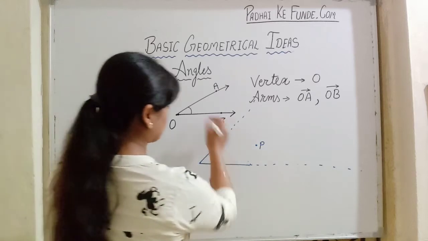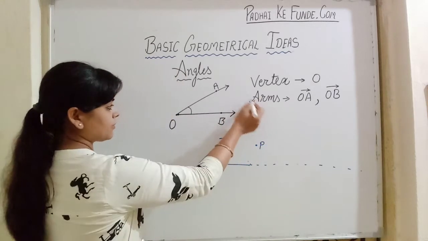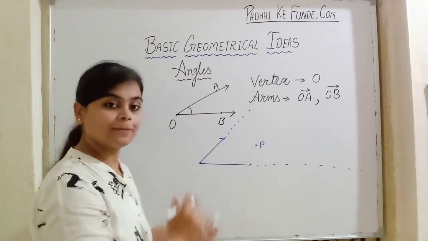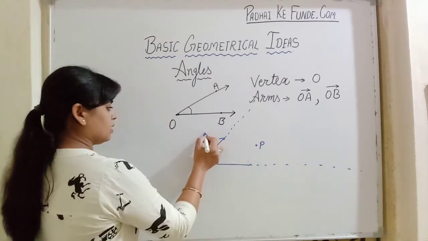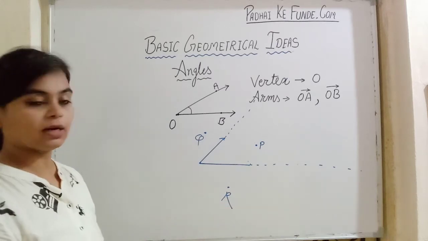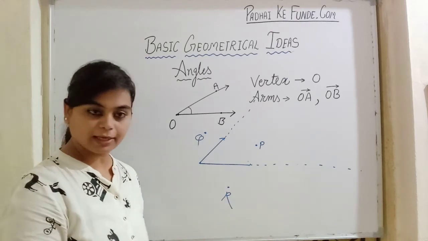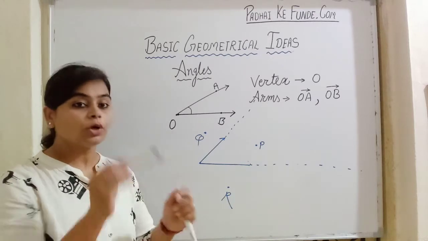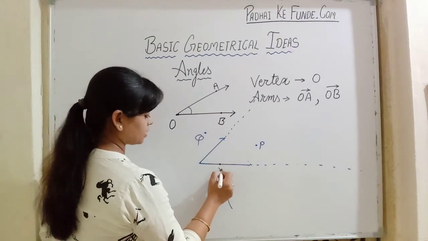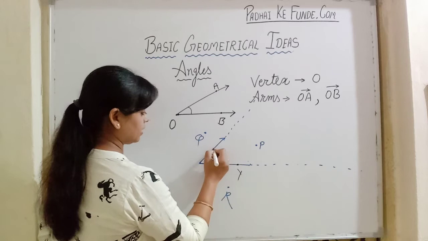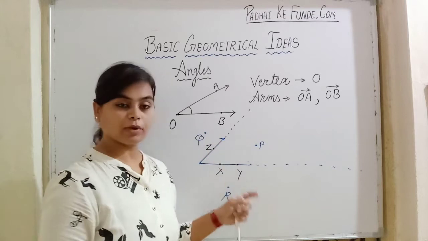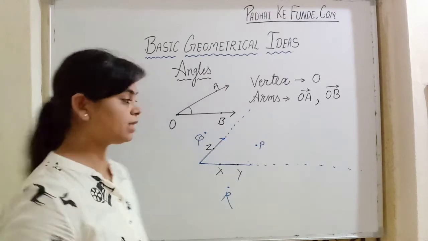Now if we talk about the exterior, that is the opposite. Except for the region covered between these two lines, the remaining region will be called the exterior of the angle. Anywhere if you take point Q, point R, these Q and R are in the exterior of the angle. And if we have points on the arms, like point X, point Y, point Z, these points will be called the points on the angle.